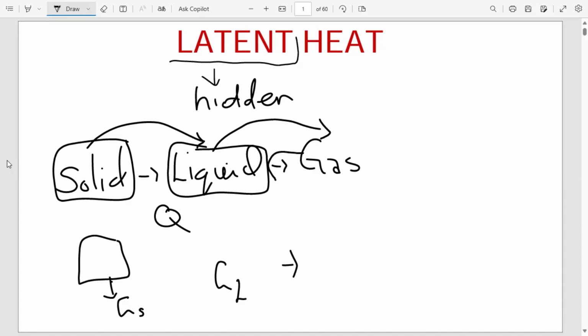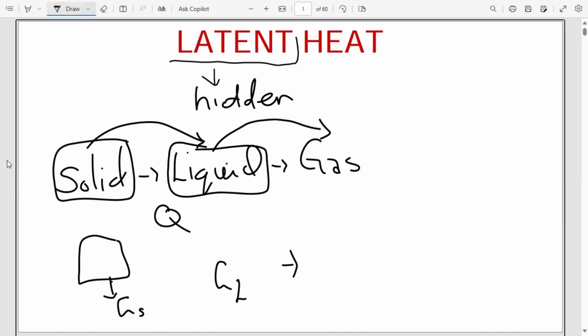The heat that is required to change the state of this substance from liquid to gas, we're also going to call Q.